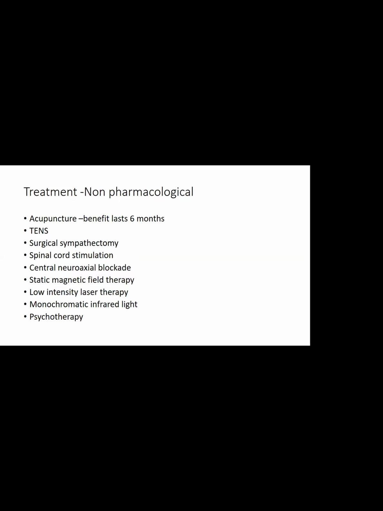Transcutaneous electrical nerve stimulator can also be used. Surgical sympathectomy has been tried. Spinal cord stimulation, central neuralgia blockade, static magnetic field therapy, low intensity laser therapy, monochromatic infrared light, and psychotherapy have all been used in the management of diabetic neuropathic pain.